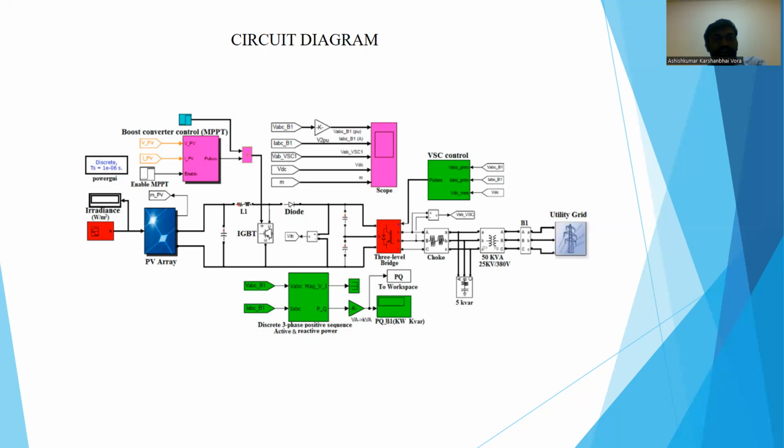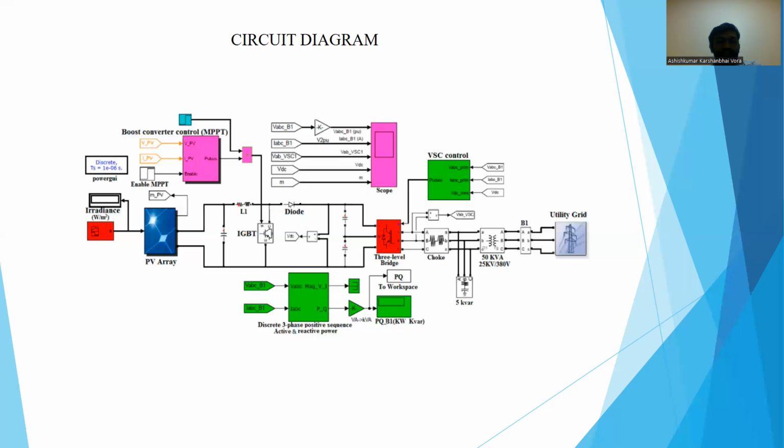Firstly, I joined the boost converter control with the IGBT and diode, and the PV array is also joined with the irradiance, and then it's also connected with the three-level bridge, and then it's connected with the choke and VSC controller, and then a 50 kilowatt supply which is joined with the B1, and it's sent to the utility grid for residential purposes.